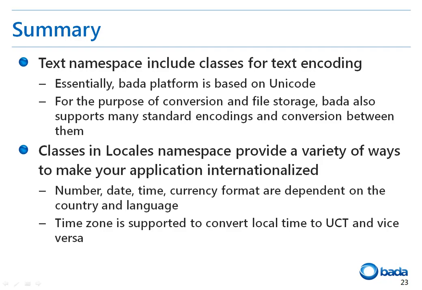The classes included in the locale namespace are used to internationalize an application. Especially the formatters such as the number, date, time, and currency formatters convert the number, date, and time to an appropriate format for the country or language. The time zone class converts the standard time to the local time.